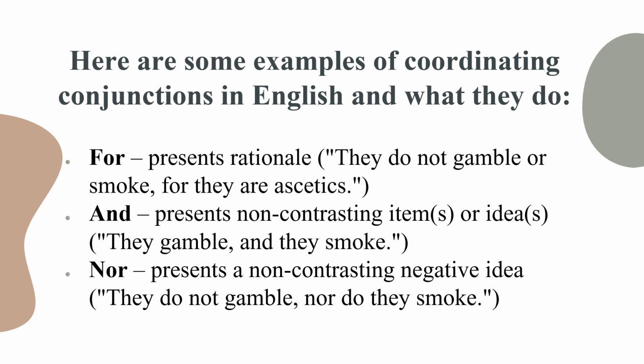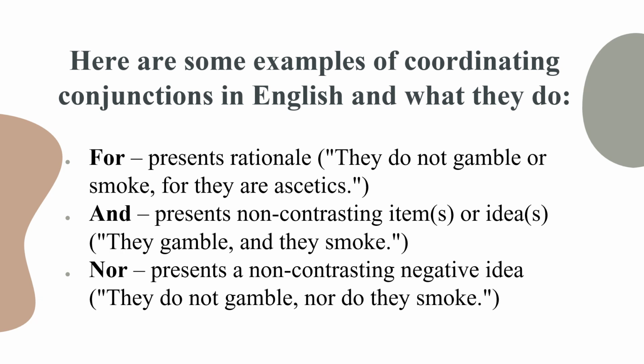Here for is used in replacement of the word because to show reason. We can say they do not gamble or smoke because they are ascetics, or since they are ascetics, they do not gamble or smoke. So in replacement of because or since, we have used the coordinating conjunction for.